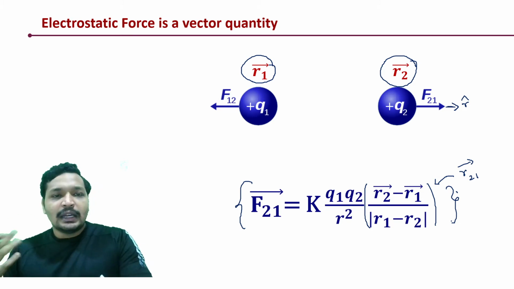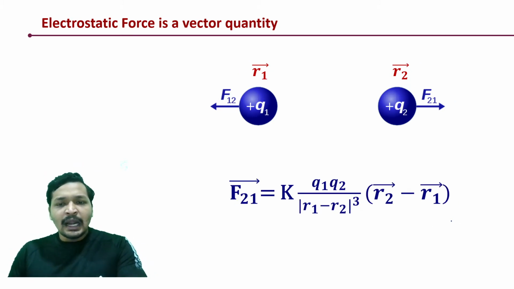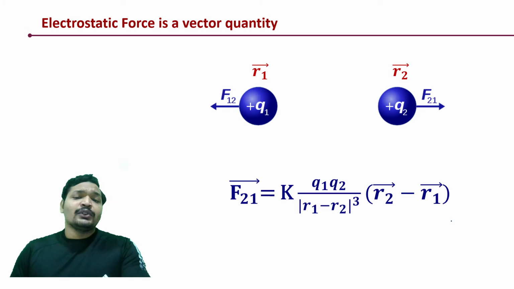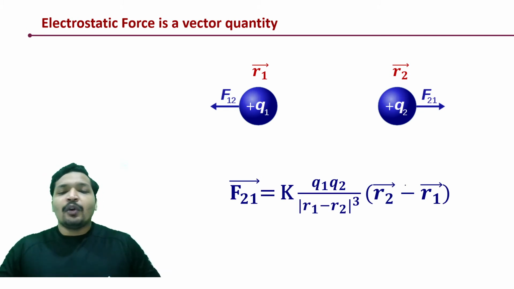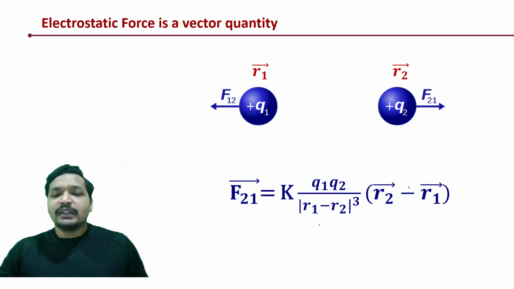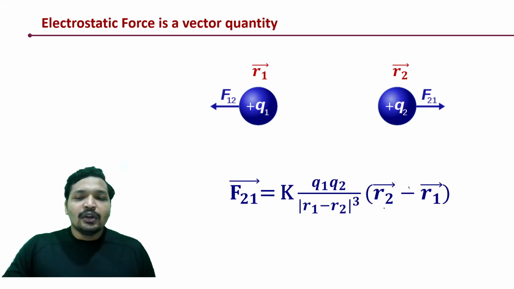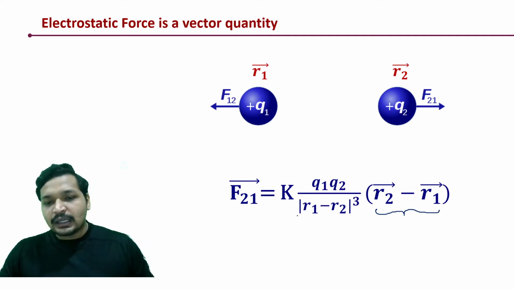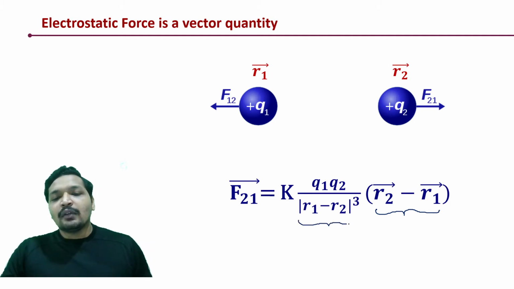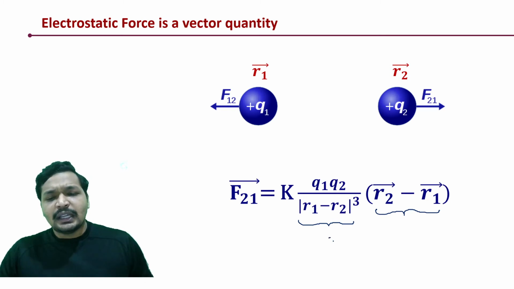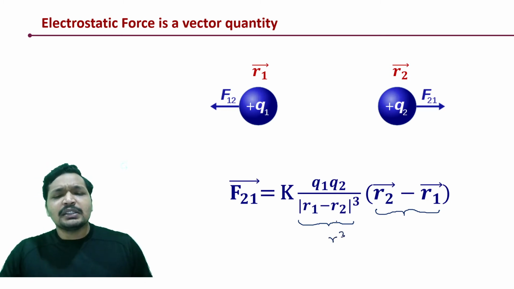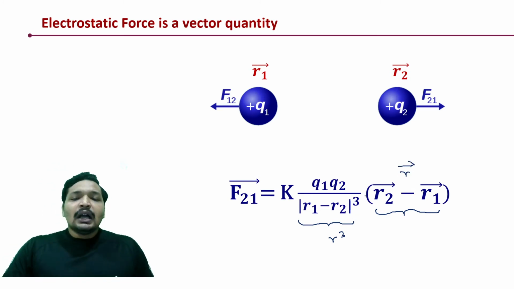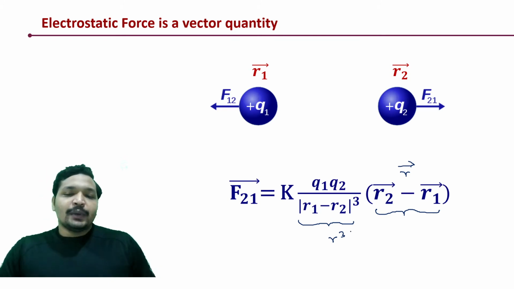It could also be written like this: here we have written the r2 minus r1 vector, so in the denominator we have r cube, r1 minus r2 whole cube. This is still an r vector, not an r cap. So finally you get r cap divided by r square.